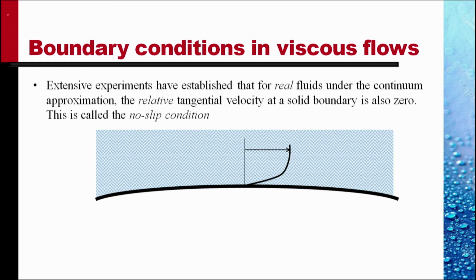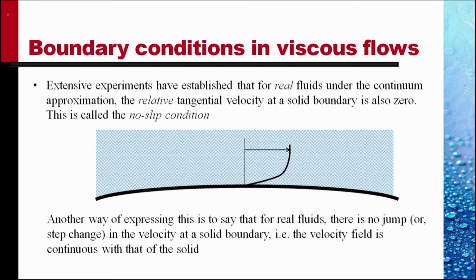When the density of the fluid is so low that the body dimensions are of the same order as the mean free path, then the no-slip condition cannot be applied. There would be slip at the boundary.